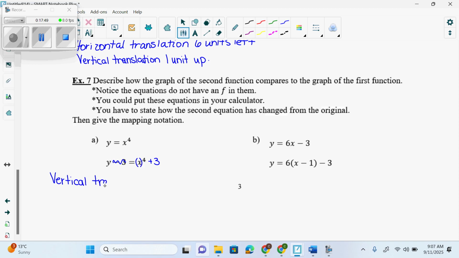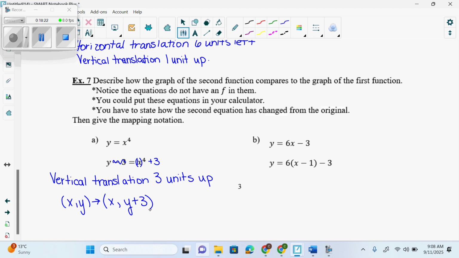Vertical translation 3 units up. Then my mapping would be x, y. Does anything happen to my x? No, it has a 1 in front of it. Nothing's happening. So x, and then I have to go 3 up. So y plus 3, because mapping and words are the same. Correct?